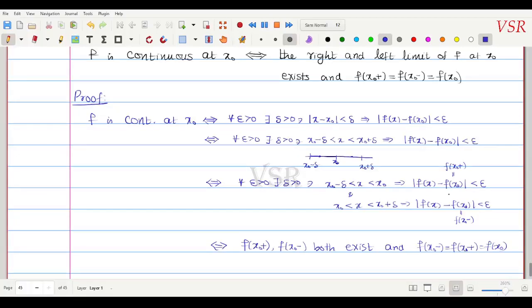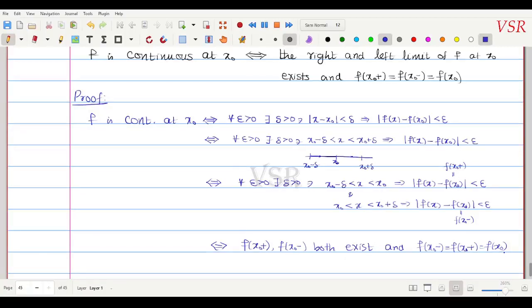Actually, where f of x naught is, I need f of x naught plus in this case and f of x naught minus in that case. There is just one number f of x naught satisfying both conditions. Therefore the right limit and left limit both exist and both are equal to f of x naught.